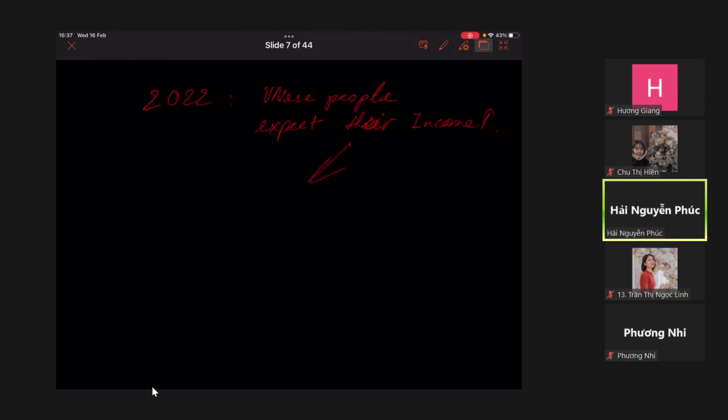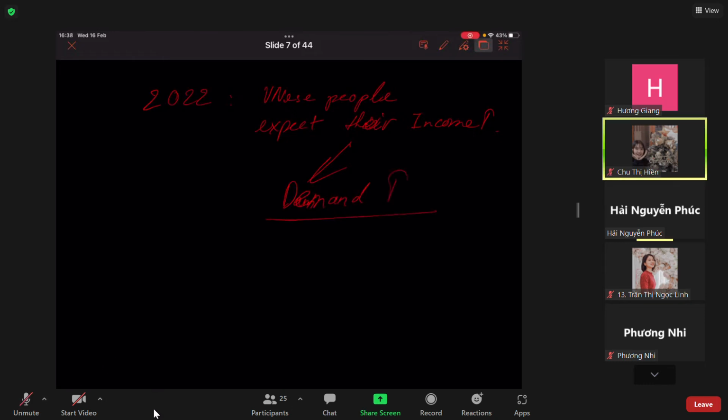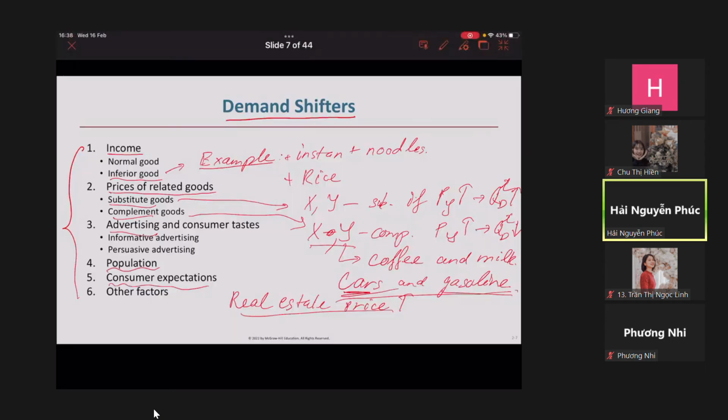So what would happen to the market? What would happen to the demand if people expect their income to increase? What do you think? The demand for normal goods will increase. That's often the case, right? Okay. All right, and some other factors, right?